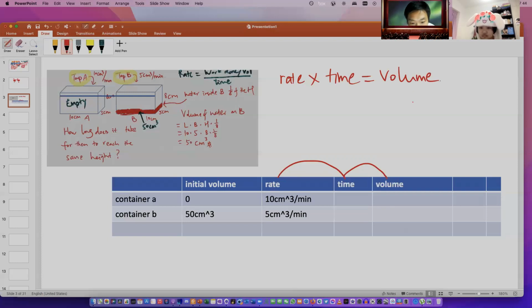So this question, you make use of this formula. Bear this in mind. Or it can be work done also, but in this case, it's not work done, it's volume.